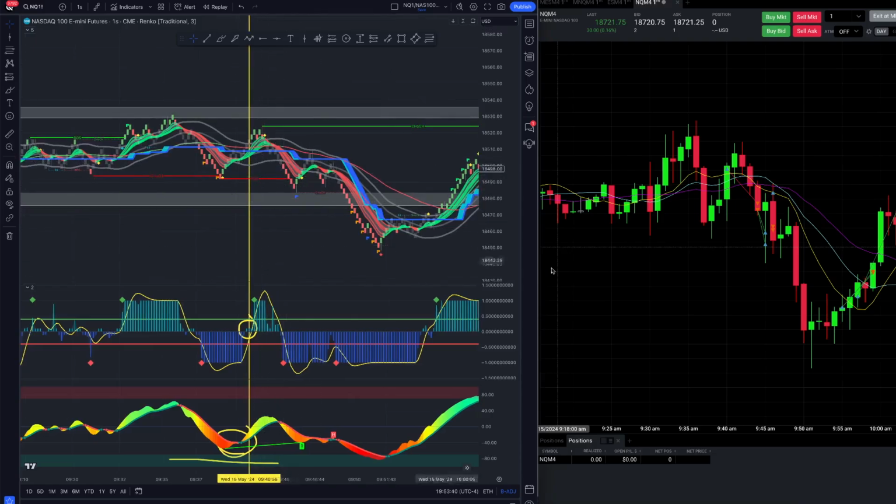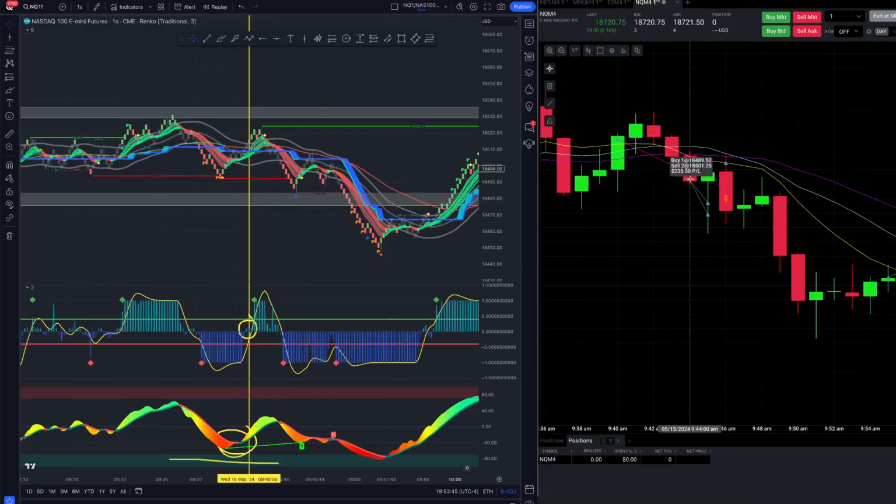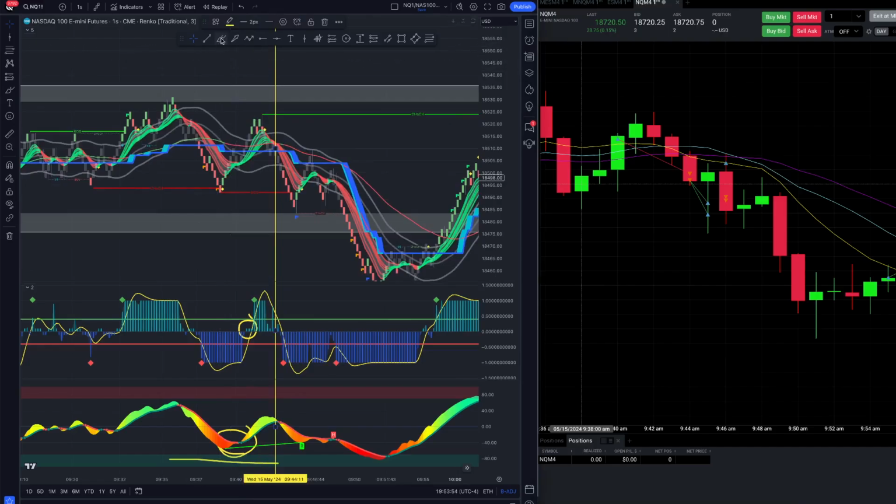So ended up getting chopped up there, but then went short. If I zoom in here on this candle at 944. So if we scroll over 944, you'll see right there. So I did the same exact thing. I got my one Q cloud flip, money ball flip. Now I only had 2 confluences out of this one.